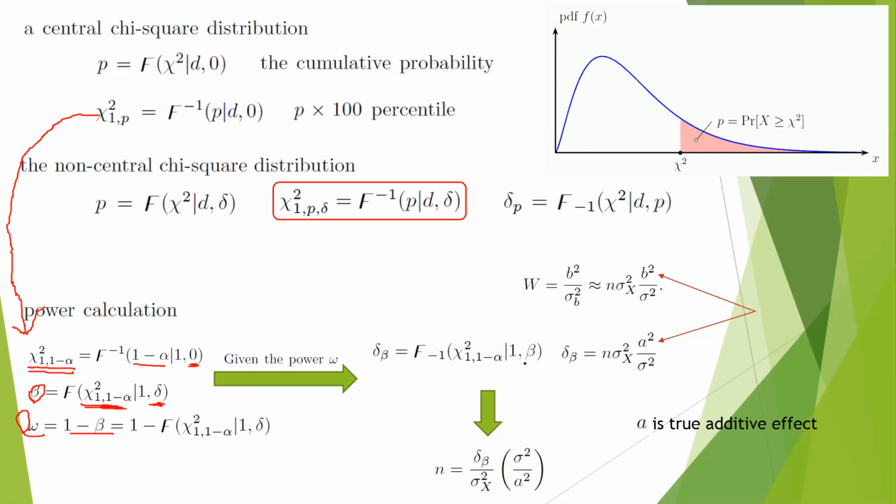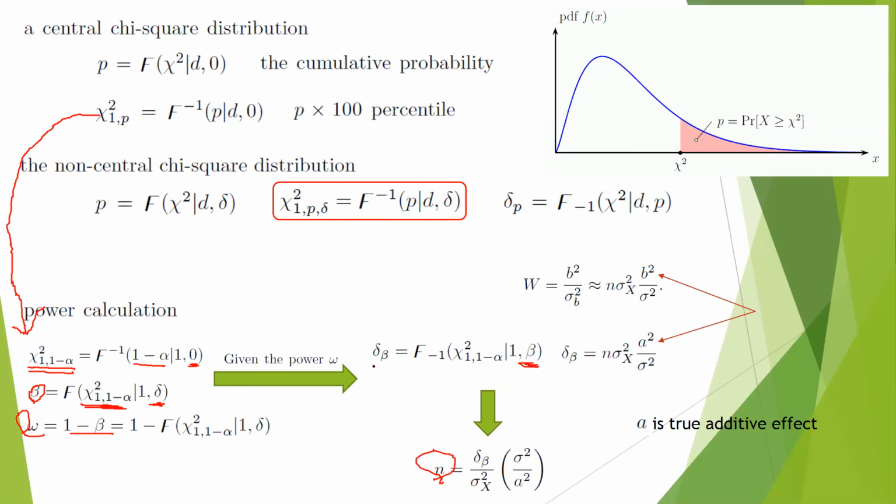Another situation is, okay, suppose we want to achieve a certain type 2 error. Let's say power equals 90%. That means the type 2 error beta equals 0.1. If we want to achieve this level of power, what is the required sample size we need to use?